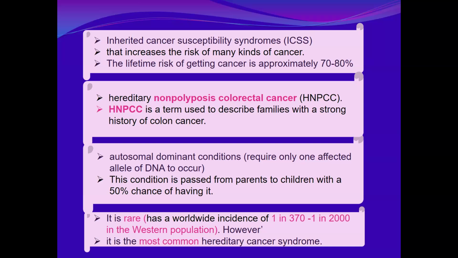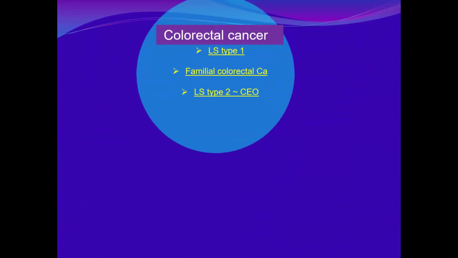Though it is the most common hereditary cancer syndrome, it is a rare condition with an incidence of 1 in 300 to 1 in 200,000. Lynch syndrome is subdivided into two types.